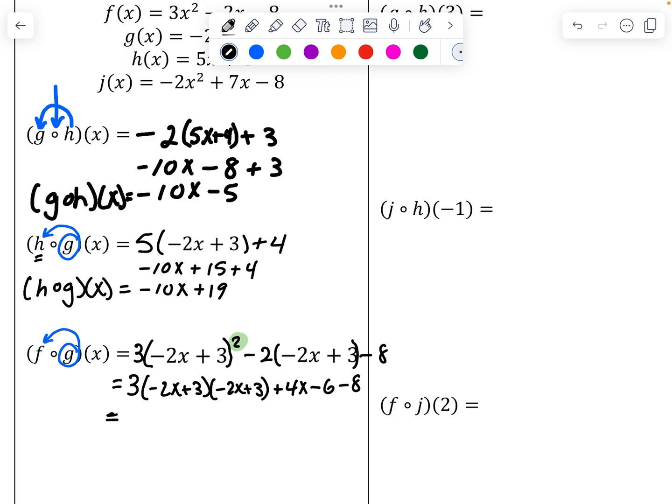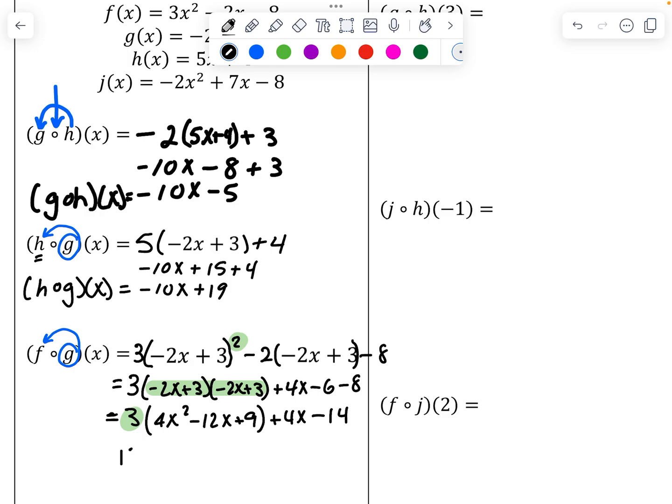So then I need to do the next thing, this piece. So I multiply those together, and I have 3 times 4x squared minus 12x plus 9 plus 4x minus 14. And then the next thing I need to do is distribute the 3.